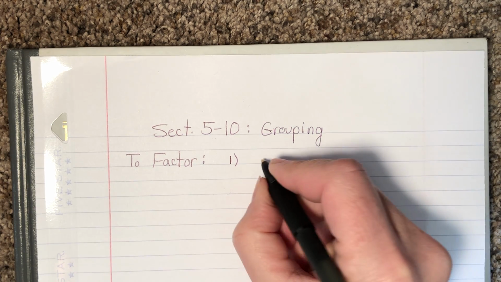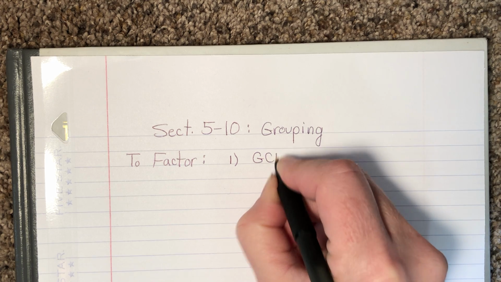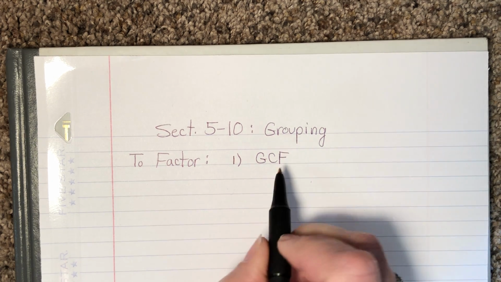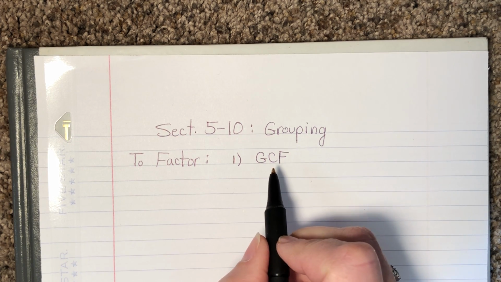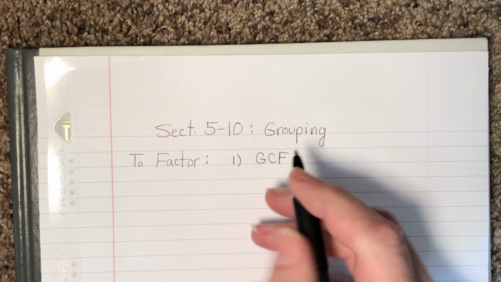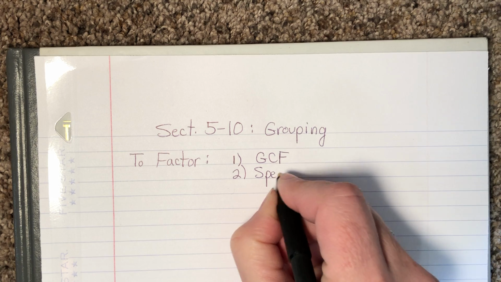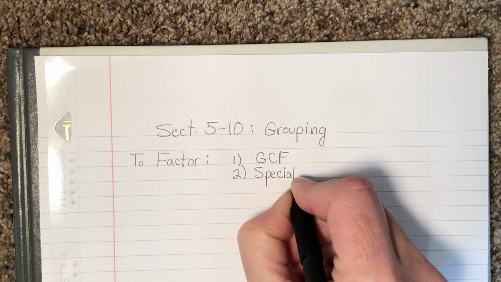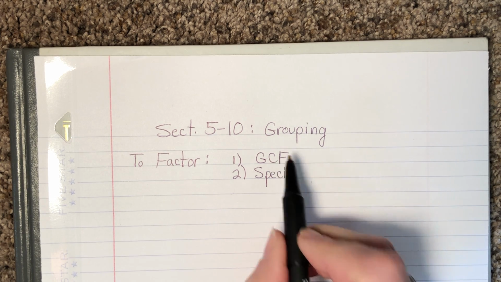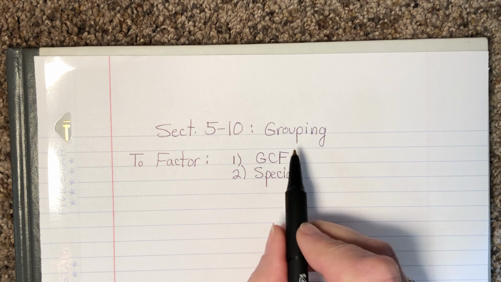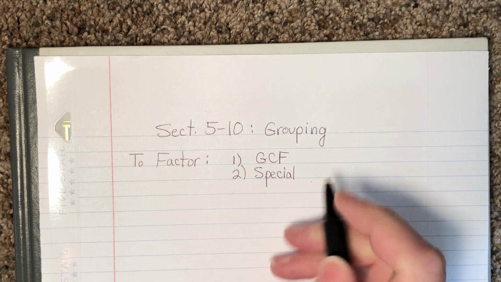Step one is to pull out a GCF if there is one. That might be the number one problem spot we're having right there. Number two, look for a special pattern. If there is a GCF, pull it out, then you still have to go to step two. If there isn't a GCF, you would still go to step two.